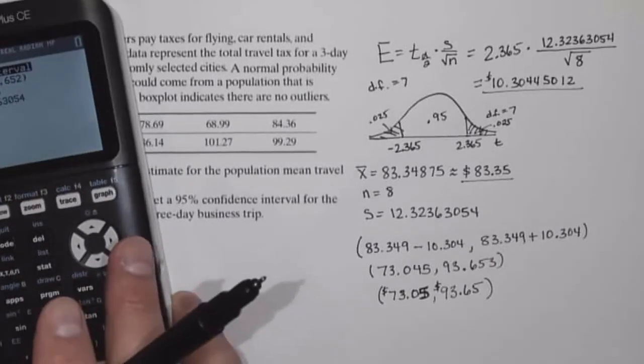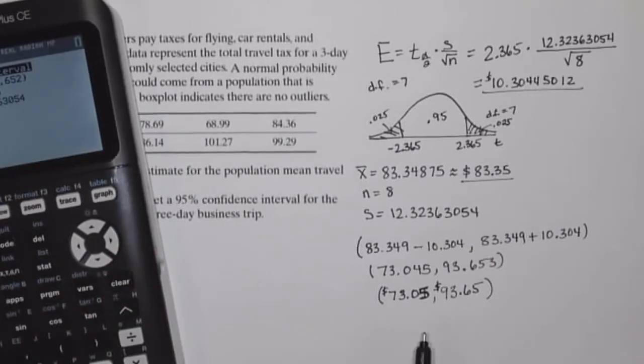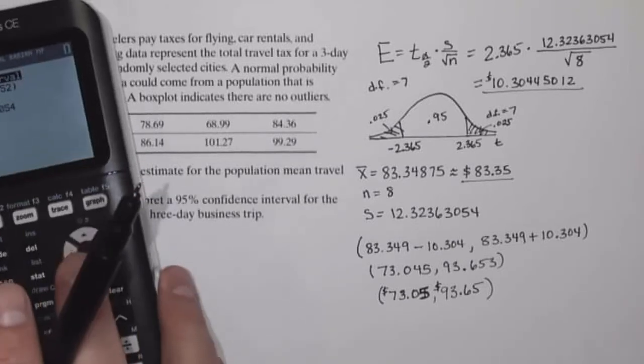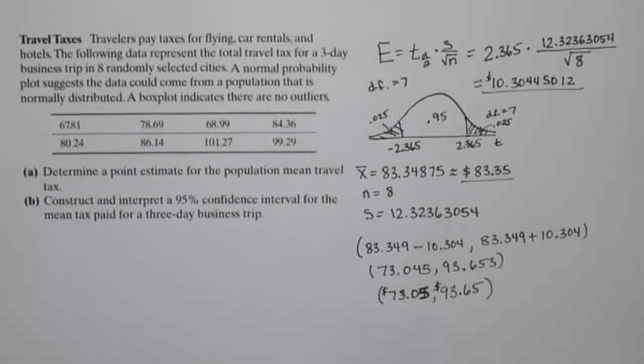And so if we round to 2 places, that is 73.05 to 93.65, which is the same result that we obtained when we did it by hand. So again, when we have data such as this, we could go directly to the calculator, enter the data into one of the lists, and then use the data option when we do the t-interval.